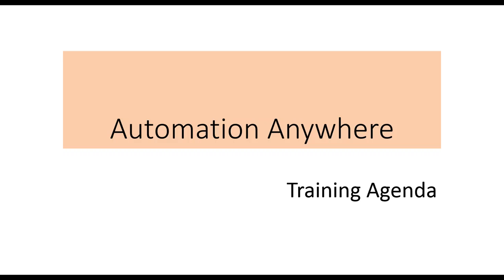Testing Anywhere is a different tool, but both of them work the same way. So whatever commands I have here would be there in Testing Anywhere as well. But the look and feel of the two tools are different. Why? Because the end output of testing is different and the end output of process automation is different, right?